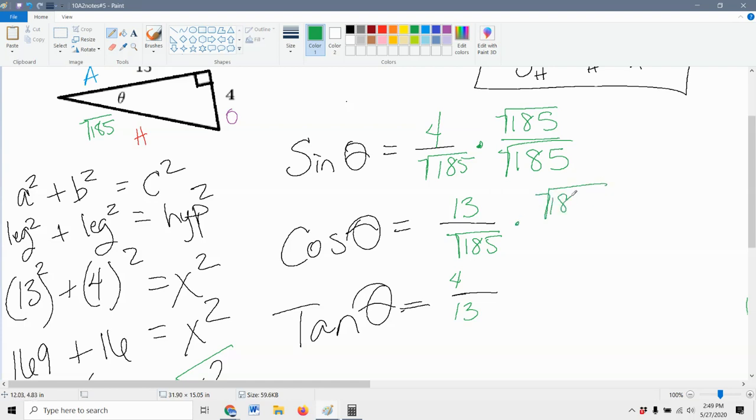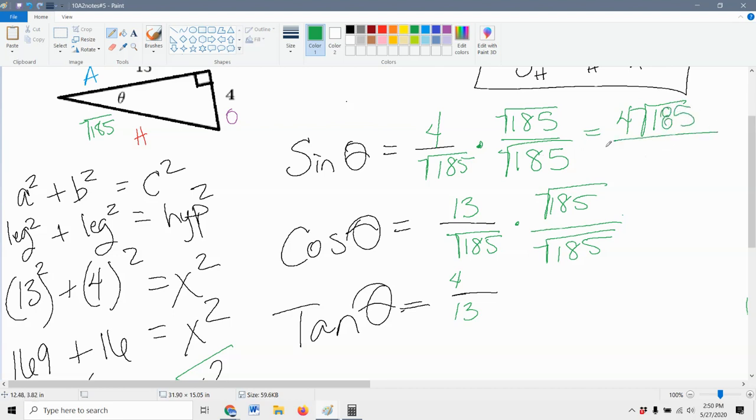That's multiplying by 1, so it's not going to change anything mathematically speaking. But it will give us, on the top, the root of 185, which is fine. We don't mind those roots on the top, do we?